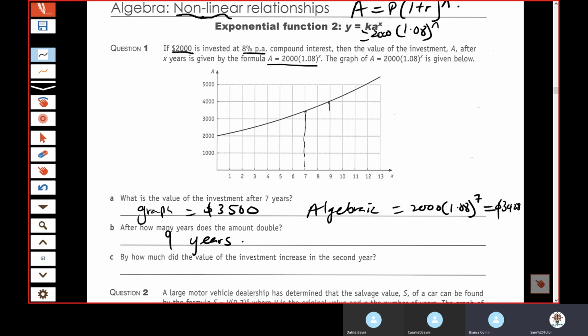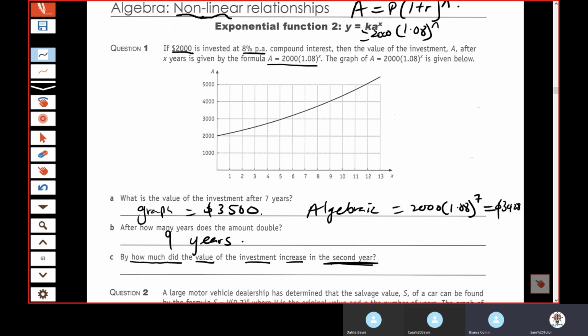By how much did the value of the investment increase in the second year? Okay, what does that mean? So in the second year, how much did it increase? How do we read that? By how much did the value of the investment increase? What do you reckon, Bianca?